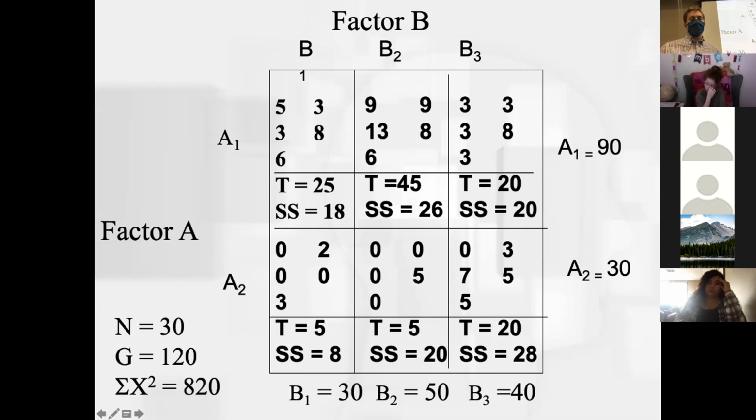For low humidity and 90-degree temperature, we have 5 participants, with scores 9, 9, 13, 8, and 6. For 100 degrees and low humidity, we have 5 more, etc.